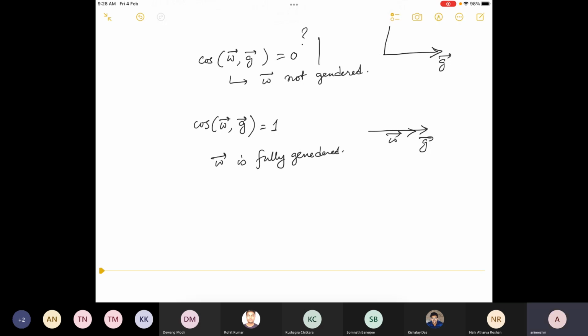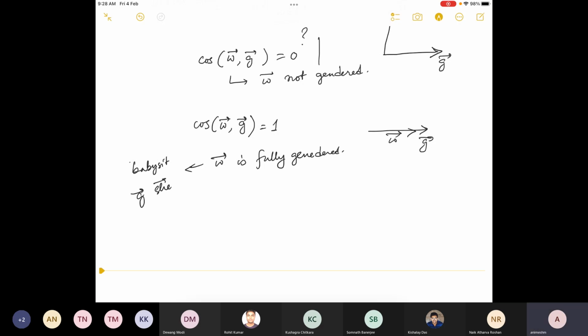So think of these as follows. This W is an occupation word like babysit, and this gender direction is something of the sort of, say, she.